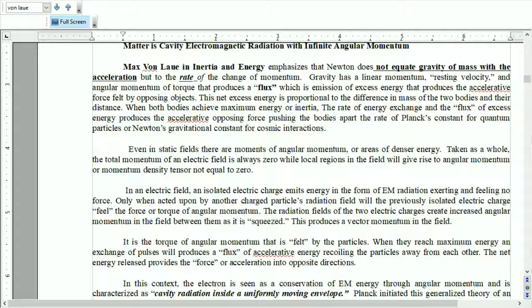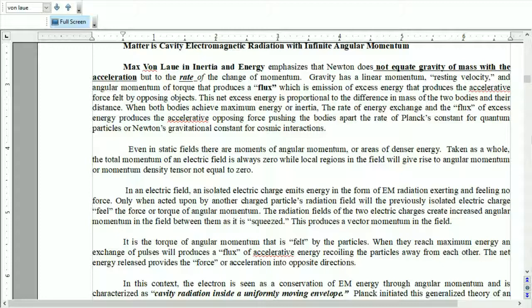So here Max von Laue, in Inertia and Energy, emphasizes that Newton does not equate gravity to mass with acceleration, but the rate of the change of momentum. Gravity has a linear momentum, resting velocity, and an angular momentum of torque that produces the flux, which is the emission of excess energy that produces the accelerative force felt by opposing objects.